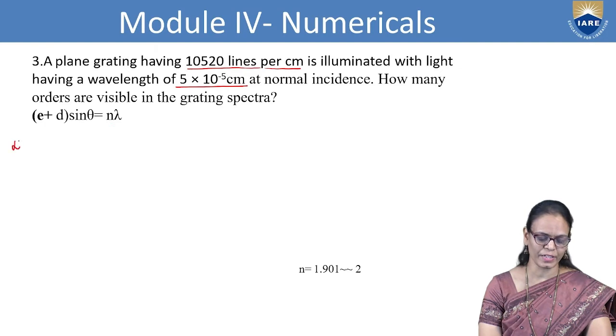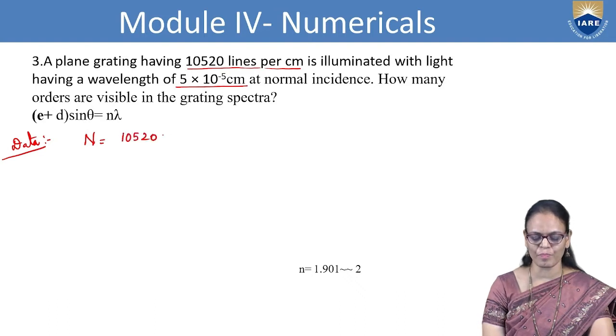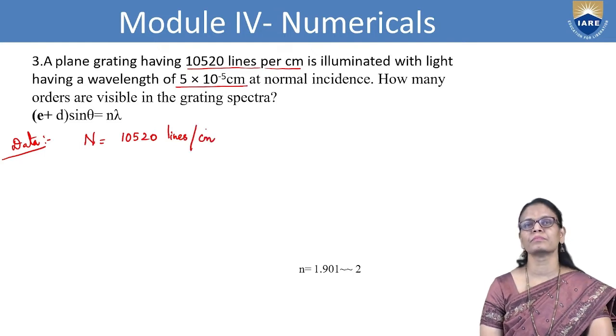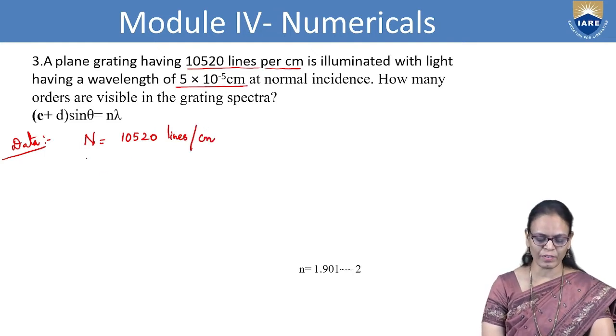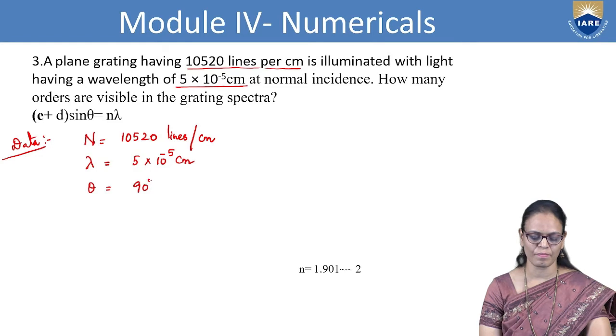So we'll write the data first. Capital N is equal to 10520 lines per centimeter. And the wavelength is 5 into 10 power minus 5 centimeter. And normal incidence means we'll take theta is equal to 90. We have to find n.